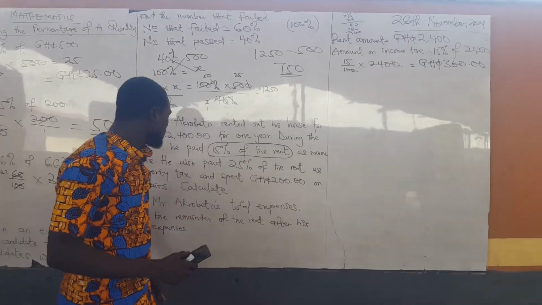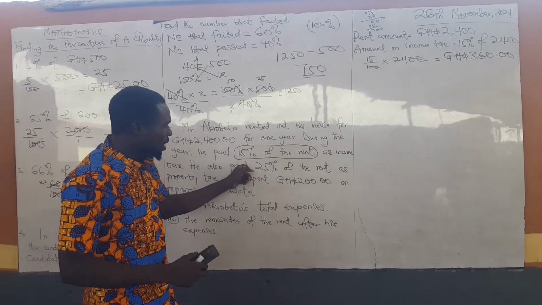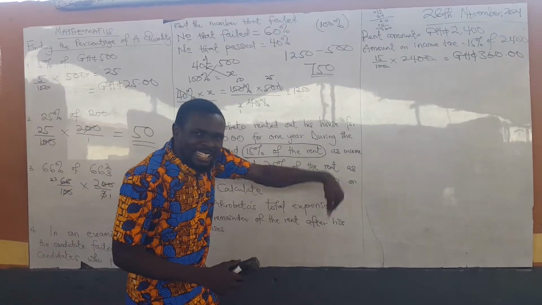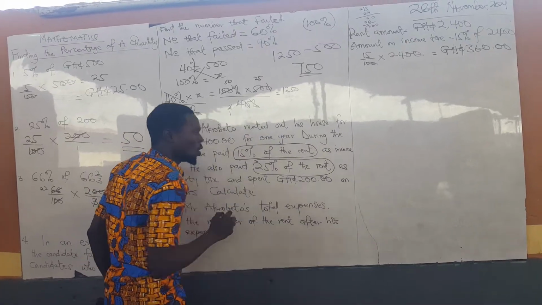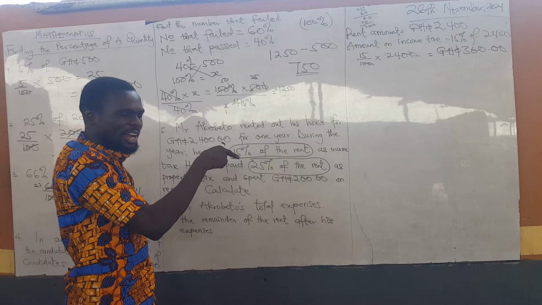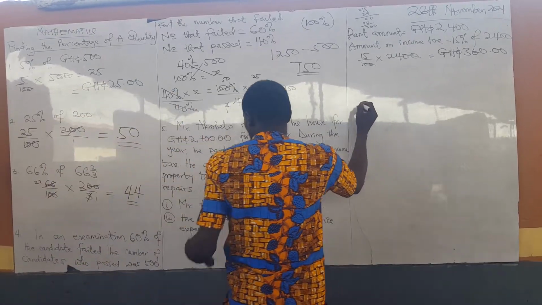When you continue the reading, it says that he also paid 25% of the rent as property rate. So property tax.